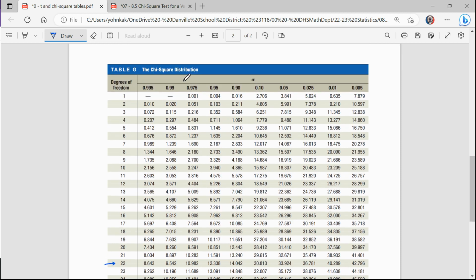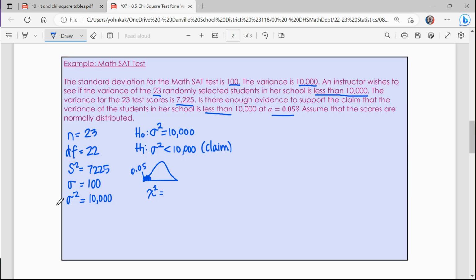We have 0.05 as our alpha, except we want the left-hand one, so we want 0.95. So our critical value is 12.338. It's never going to be negative, that critical value, so we just leave it as 12.338. Chi-square critical values are always going to be positive.